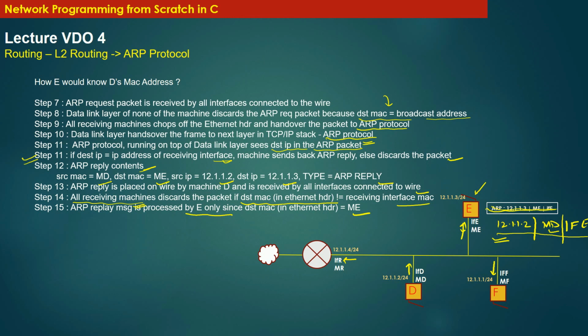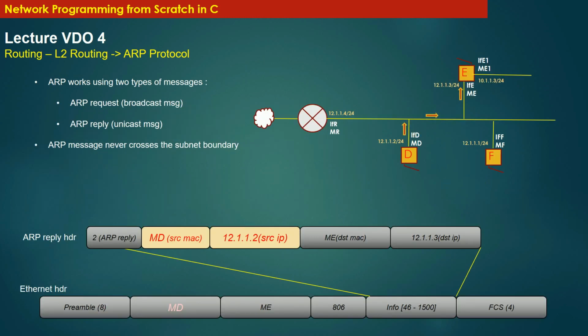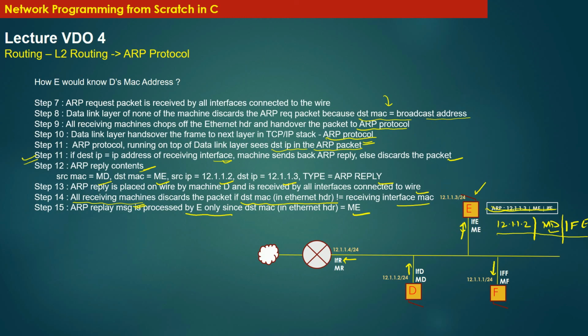So remember, all the machines connected to the same wire are actually neighbors of each other. They are considered neighbors because they are connected to each other directly by the same wire. And the ARP table entry contains the IP address to MAC address mapping of neighbor interfaces. So this is how ARP is resolved by machine E for neighbor D.